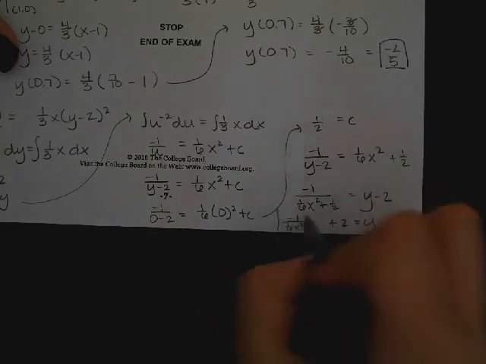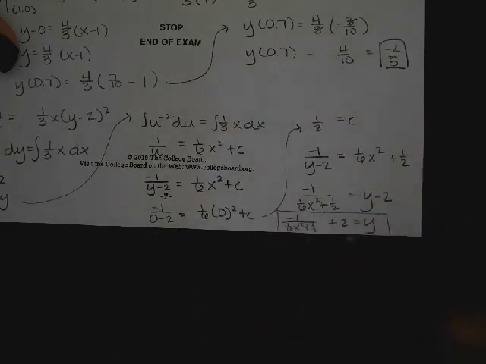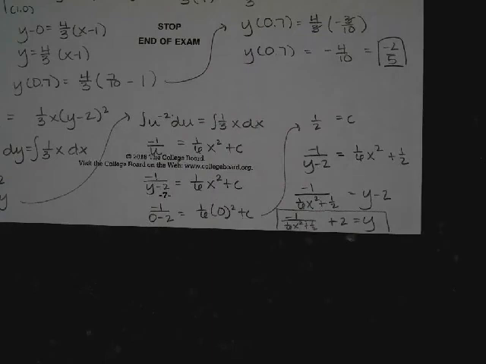And it didn't want us to plug anything in, that's the final answer. Now, if you look at the answer key, that's not what the answer key has. What they did is they got rid of the fractions in the denominator. And so if you want to do that, you would multiply by 6 on the top and 6 on the bottom. And then when you do that, the problem does work out the way it's supposed to.